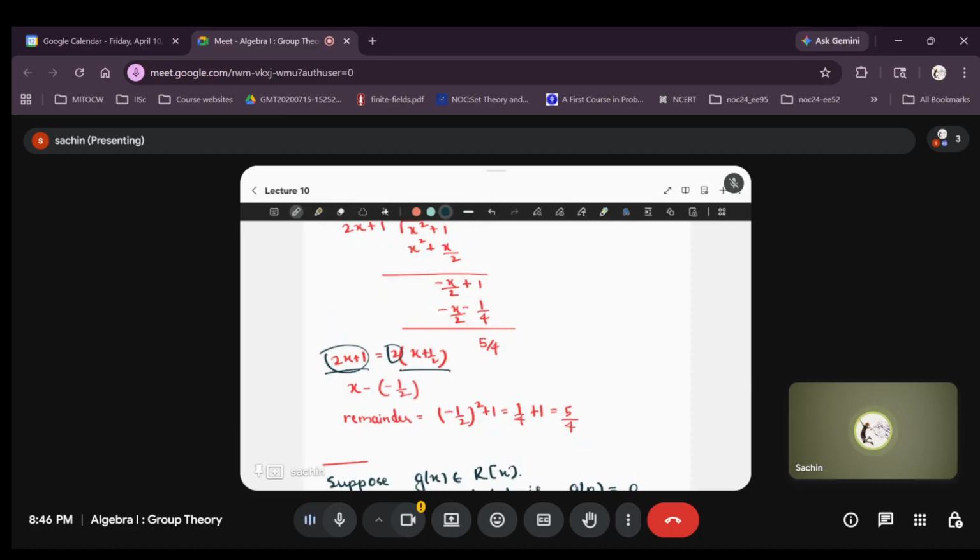You can write 2x plus 1 as 2 into x plus half, right? But the only factors for an irreducible polynomial will be either 1 or factors such that they differ by a unit.